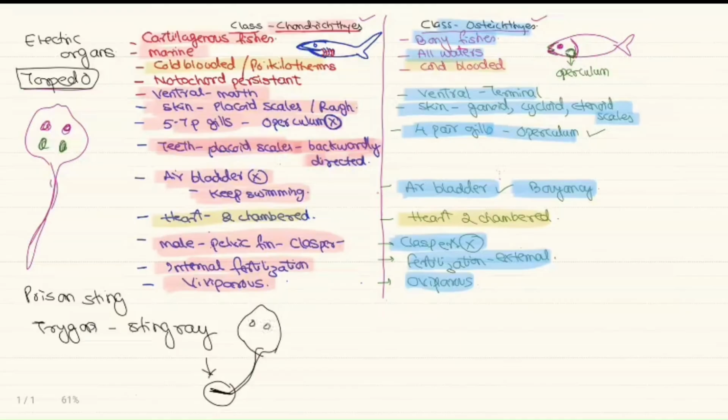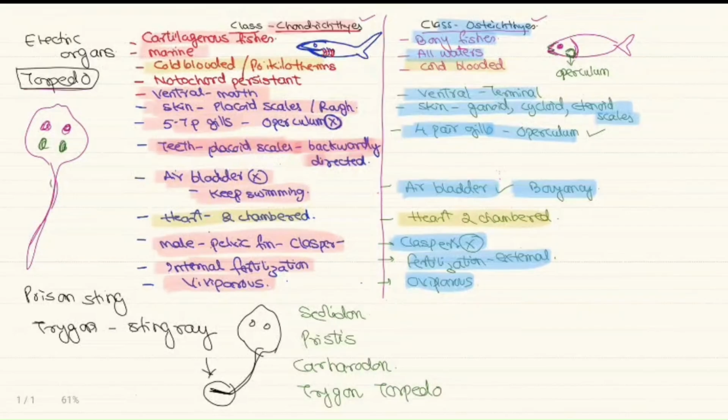Let's see the common examples in both the classes. For chondrichthyes, the common examples are scoliodon, the dogfish, pristis, the sawfish, carcharodon, it is a white shark, the trigon, the stingray, and the torpedo, the electric ray.